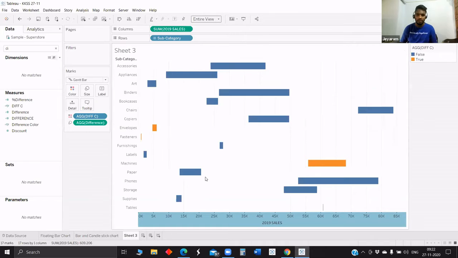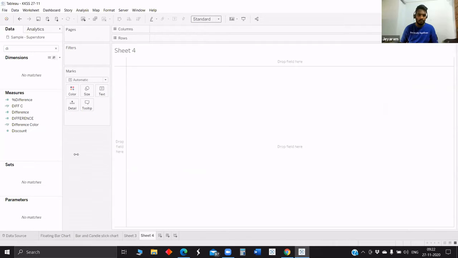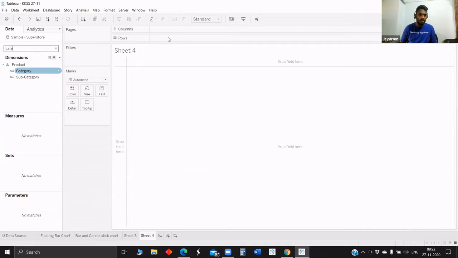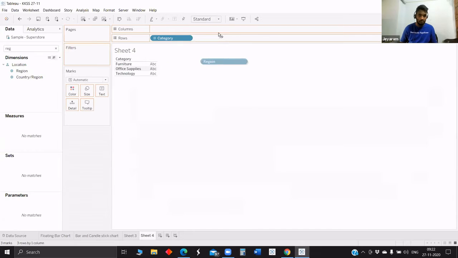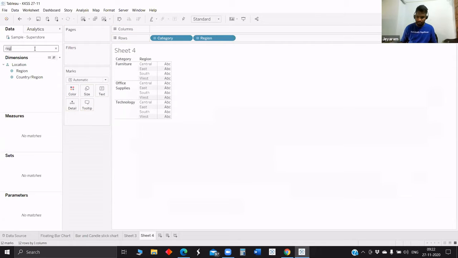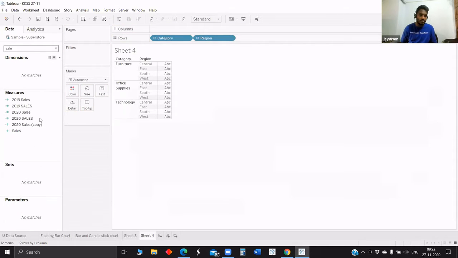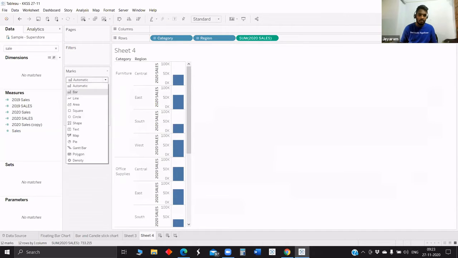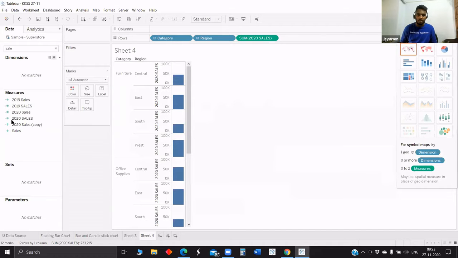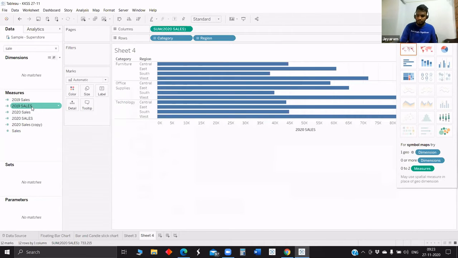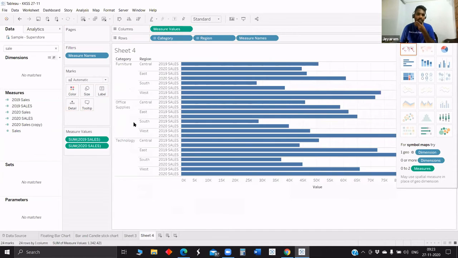Any doubts or shall we move on to the next one? Okay. So here category, then region. The same metrics whichever we used, 2019 sales and 2020 sales, measure names and measure values will be there.